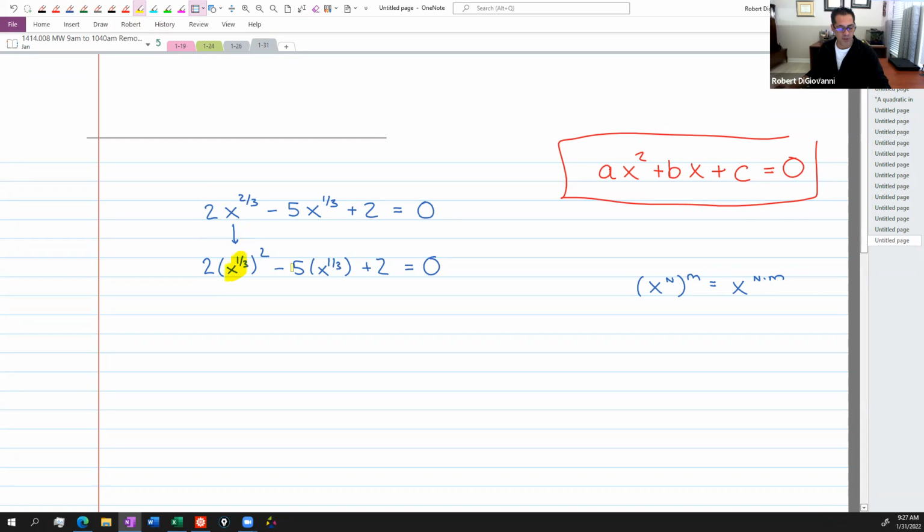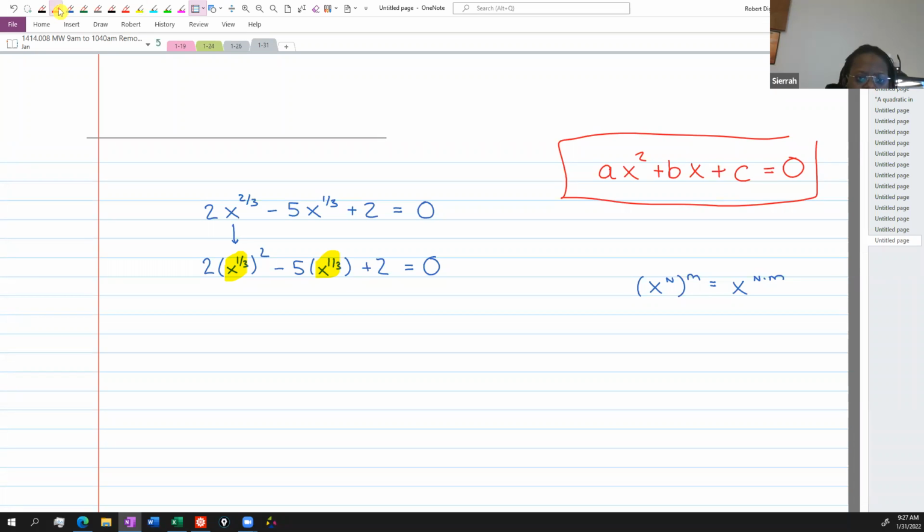So now these two are the same. And if I replace that with u, I'm going to have a quadratic. Do y'all see that? Yeah, I do see that now. You just have to make sure they're in quadratic form.